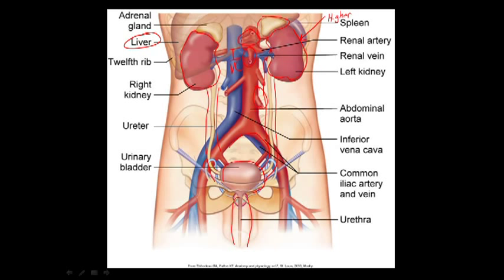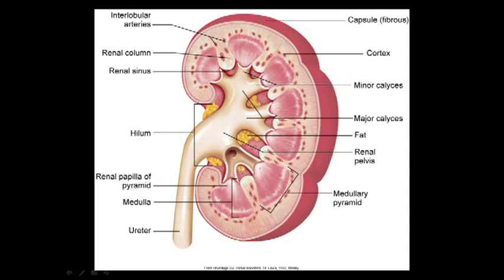And let's continue on, and here is an overview of the kidney. We have the capsule, which is the tough outer layer, and it's called the fibrous, and that's because it's a tough outer layer. It's kind of a fibrinogenous tissue.